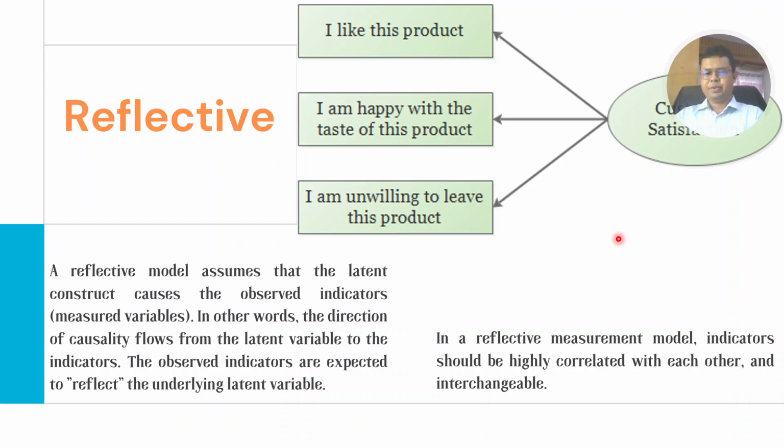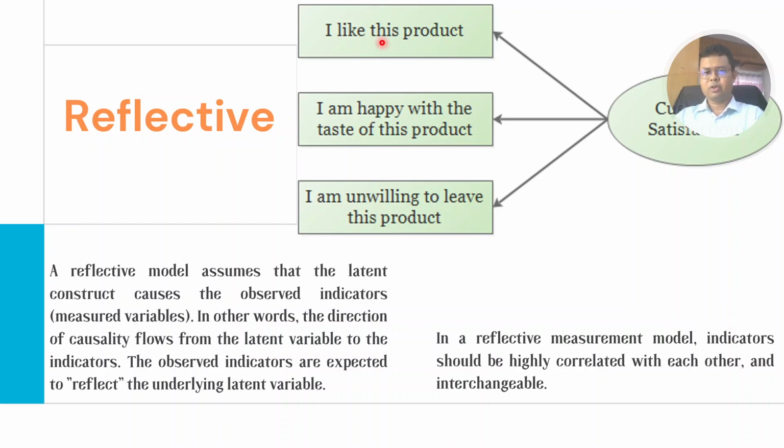But there is a problem also. In a reflective measurement model, indicators should be highly correlated with each other and interchangeable. We measure the correlation of these indicators using the factor loading.